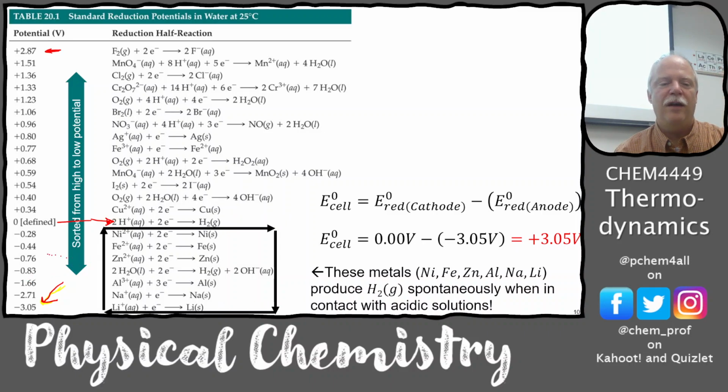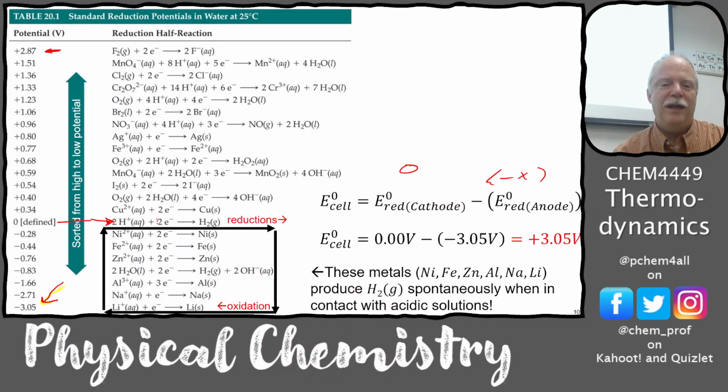You see that? I'll have 0 for this, and this will be 0 minus a negative number. And so that's definitely going to be positive. So all of those cell potentials are going to be positive. They're all going to be spontaneous.